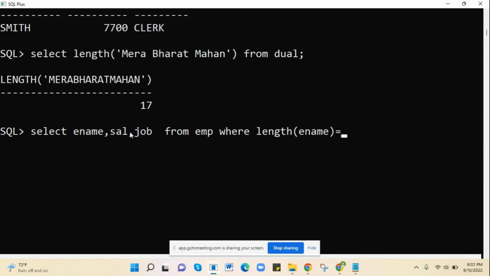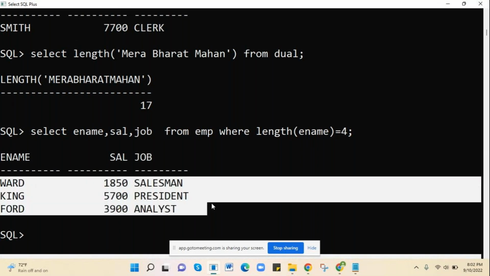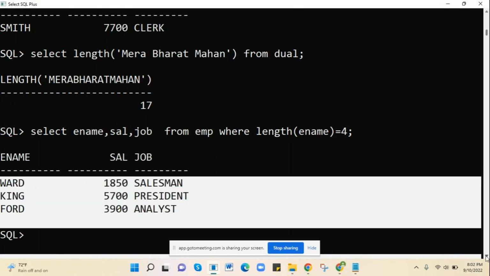Length అర్థమైందా? 4 అంటే those employees whose name has only 4 characters. ఇది ASCII వాల్యూ కాదు. లెంత్ ఇస్ నథింగ్ బట్ నంబర్ ఆఫ్ క్యారెక్టర్స్. చూడండి, వార్డ్, కింగ్, ఫోర్డ్, వాళ్ళు 4 క్యారెక్టర్స్ ఉన్నారు.